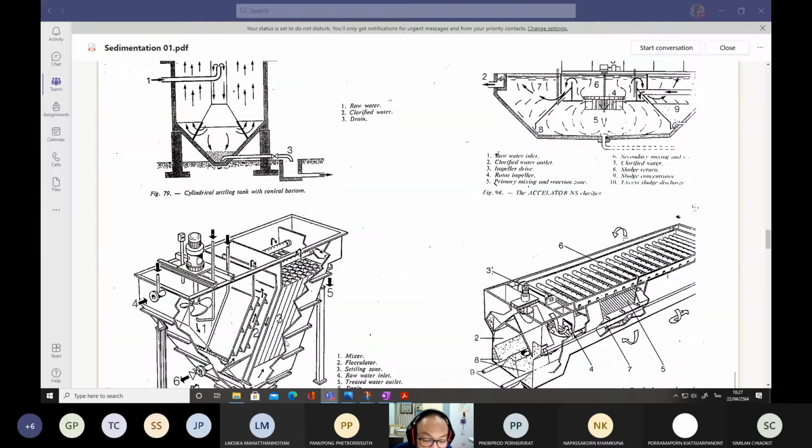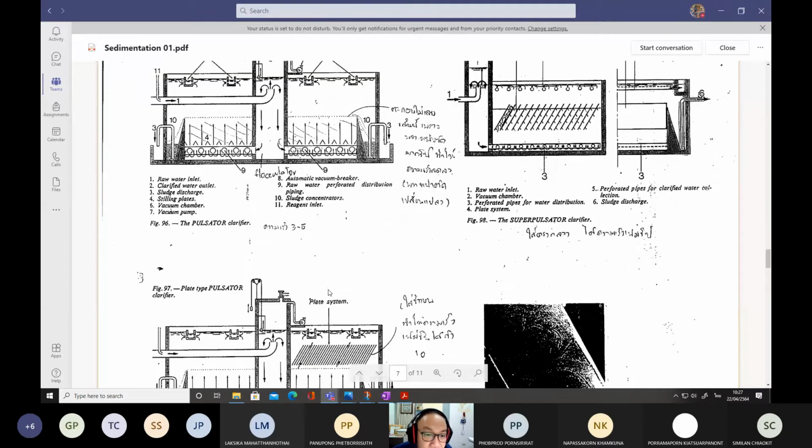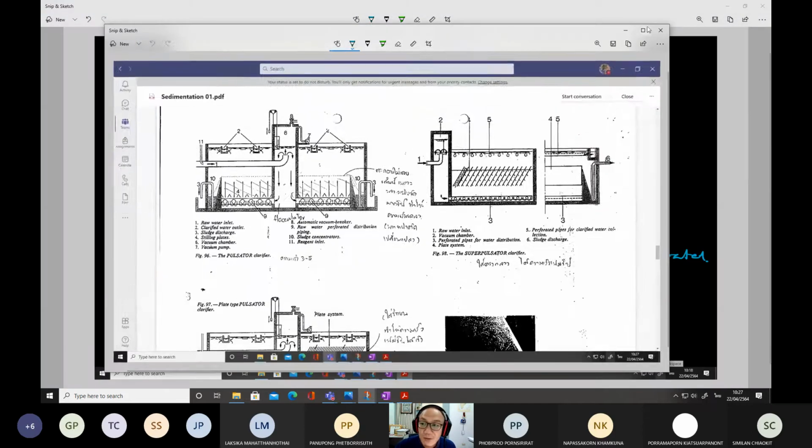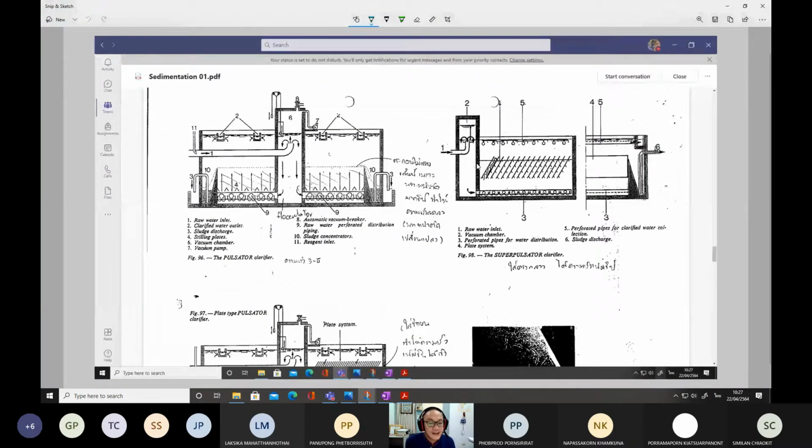Another example of the sludge blanket clarifier is this one, figure number 96. This is also a sludge blanket clarifier. By the name, you should be thinking about the blanket or the filter layers. They actually act like filter layers, so we maintain a high concentration of sludge at the bottom zone of the tank.